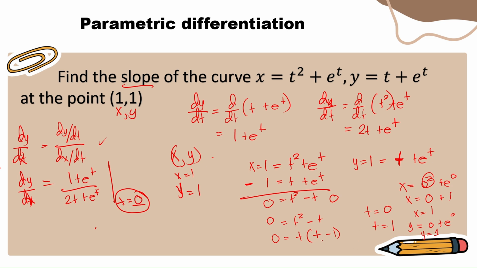Kaso meron pa tayong nakita that t could also be equal to 1. Pwede kaya talaga siya? So, x is equal to 1 squared plus e raised to 1. But, e raised to 1 is what? Saglit lang, try ko lang sa calculator ko. e raised to 1 is 2.718 plus 1.